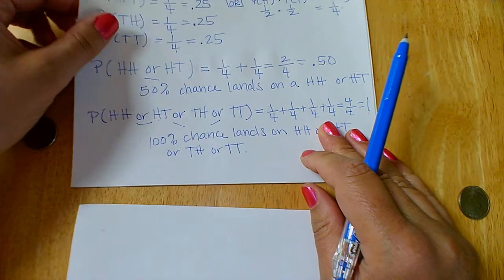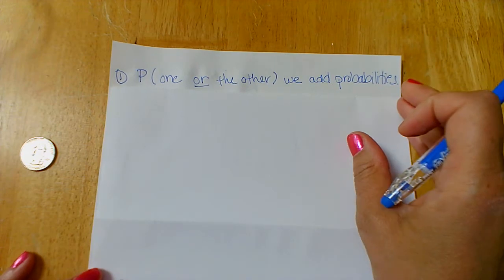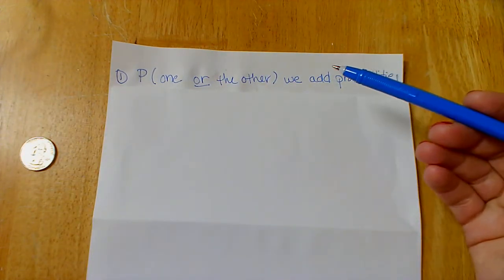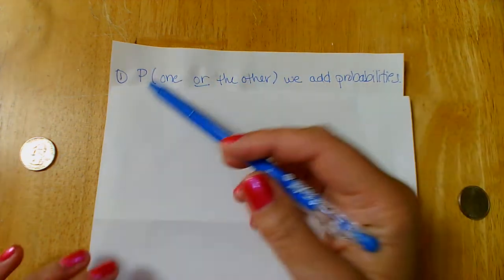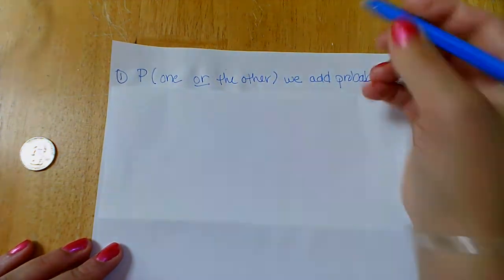Okay. So, in ending this video, let's look at our 2 new rules that we have made over last week, and now I'm solidifying them in this week's lesson. If you want to find the probability of one or the other, we add.